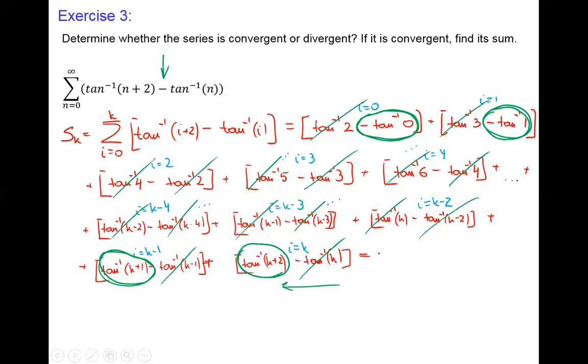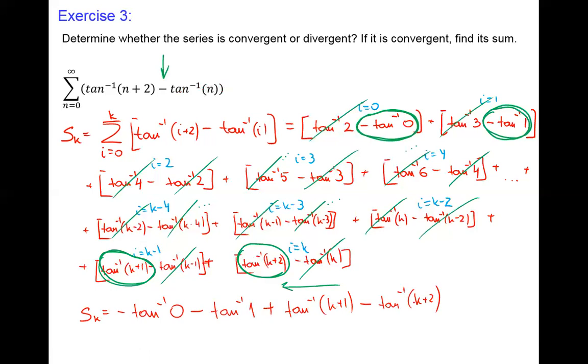I can list here. The partial sum is negative inverse tangent at 0, inverse tangent at 1, and then plus inverse tangent at k plus 1, and plus inverse tangent at k plus 2.